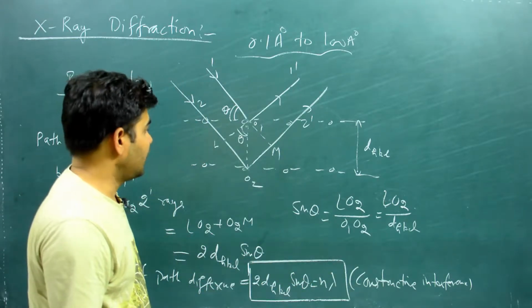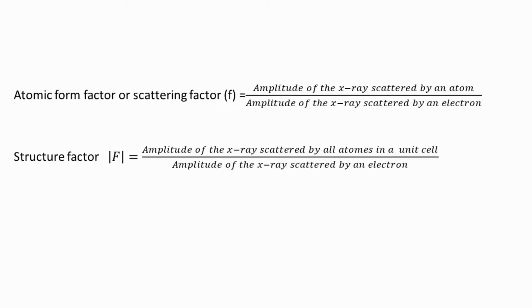Before we do that, we have to define a term, the atomic form factor, which is basically the ratio of the amplitude diffracted by an atom as a whole to the amplitude of the X-ray diffracted by a single electron. Similarly, we define another term, capital F, which is in general complex in nature, so we put a modulus sign here.